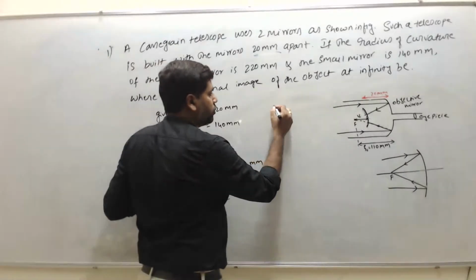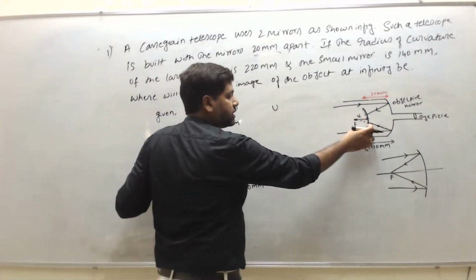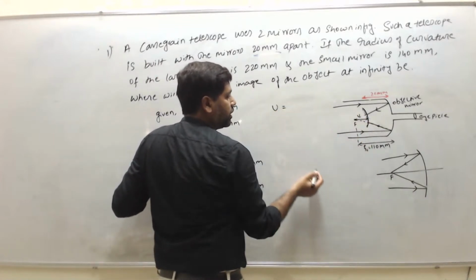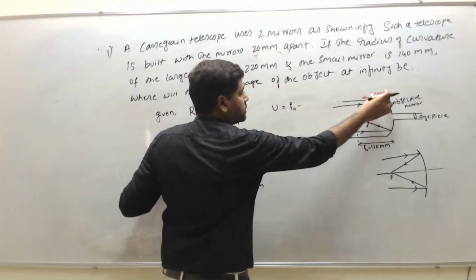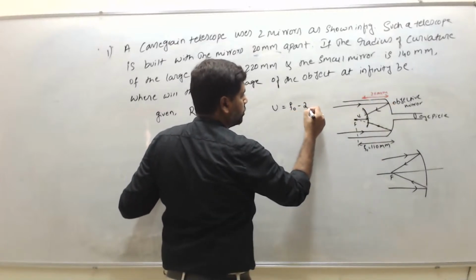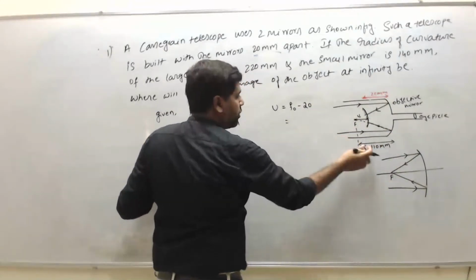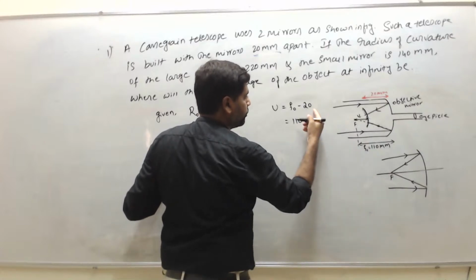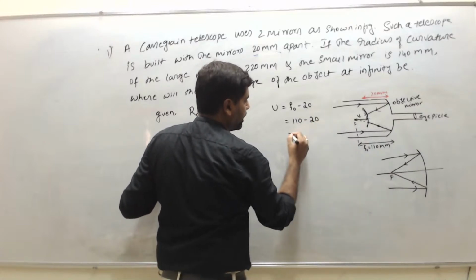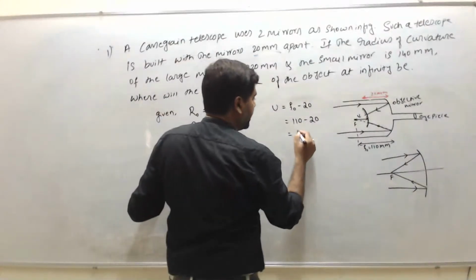Then u, the object distance, the virtual object for the secondary mirror, equals f naught minus the distance between the two mirrors. We have f naught is 110 minus 20. We get the object distance as 90 millimeter.